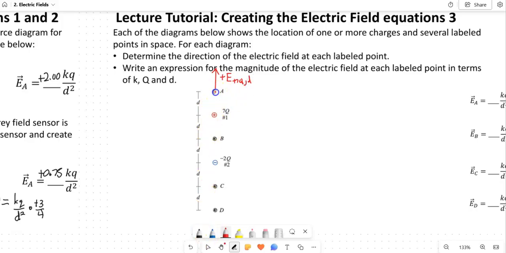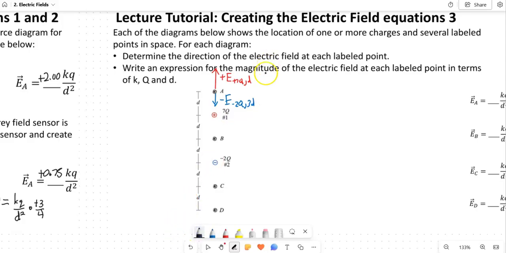For the negative 2q, the electric field is going to be pointed towards it. It's going to be smaller. So that vector is pointing down, and this is due to the negative 2q, and it's a distance 1, 2, 3 d's away.